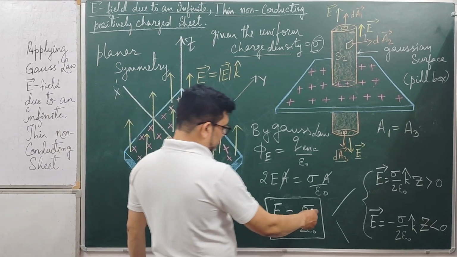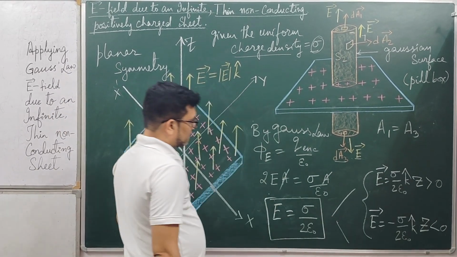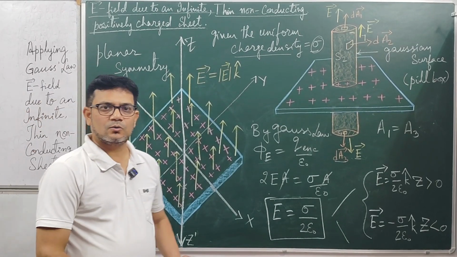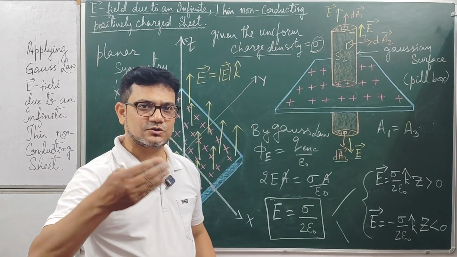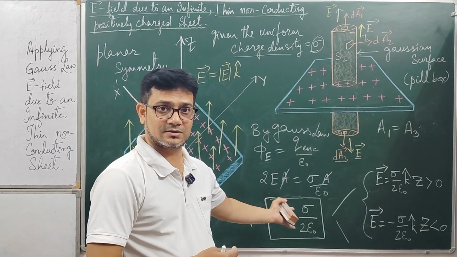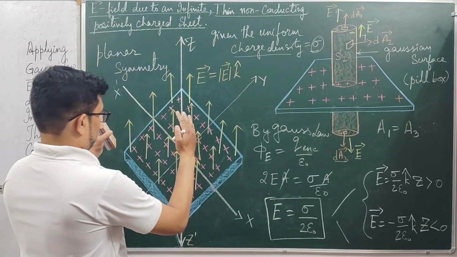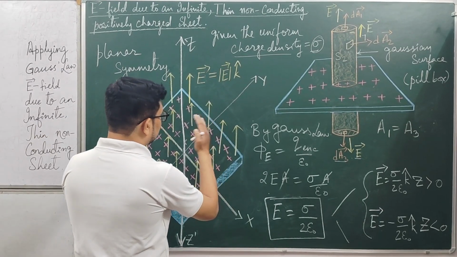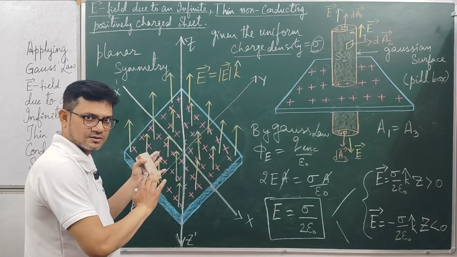So this is an extremely important conclusion that we have drawn. Based on this, now we'll have a few situations. How do we apply this? Suppose we take two non-conducting sheets with different surface charge densities.